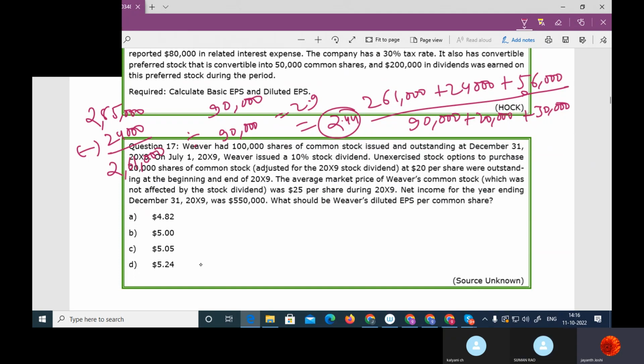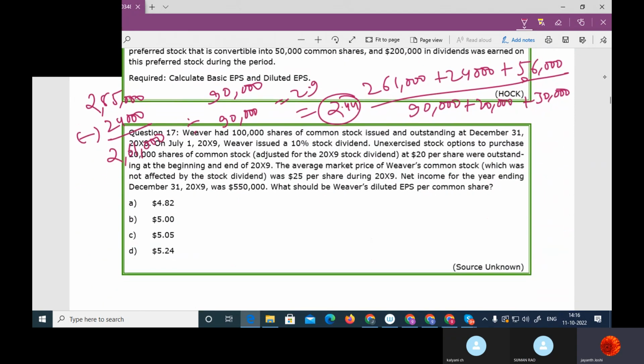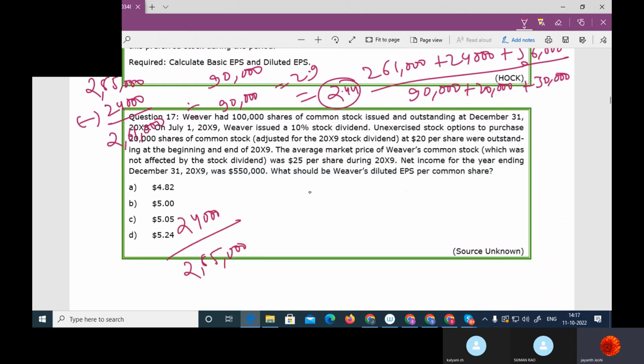Now you give the numerator the effect of this preferred stock, because it is more dilutive. So 24,000 you add again, because that has been converted into equity, and you get 2,85,000. And in the denominator you add 20,000 shares, so 90,000 plus 20,000 is 1,10,000.